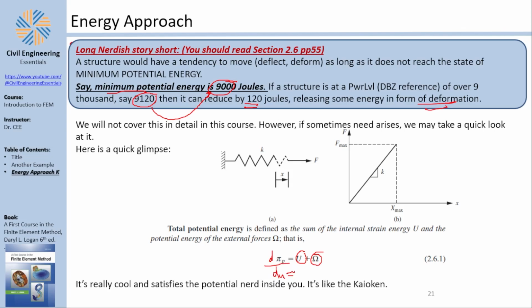And it's really cool. It's basically like the Kaioken. This is just a slight introduction about that, just to explain to you how the idea works, because you want to find the point of minimum potential energy to stop moving, and that's basically it.